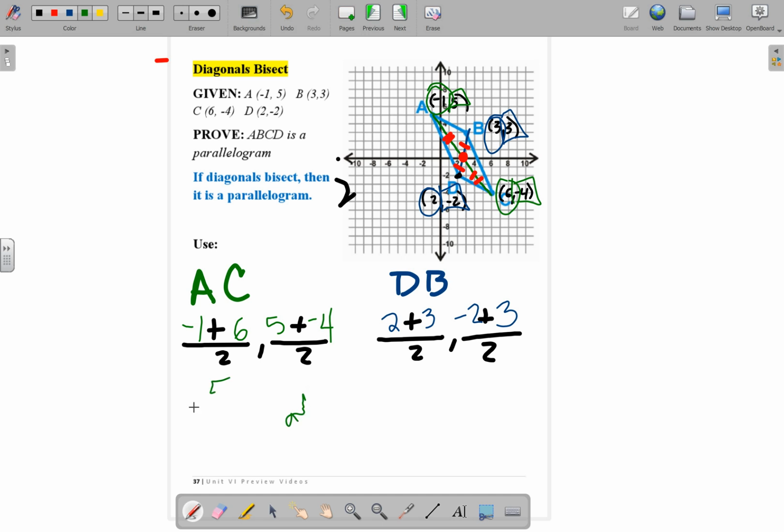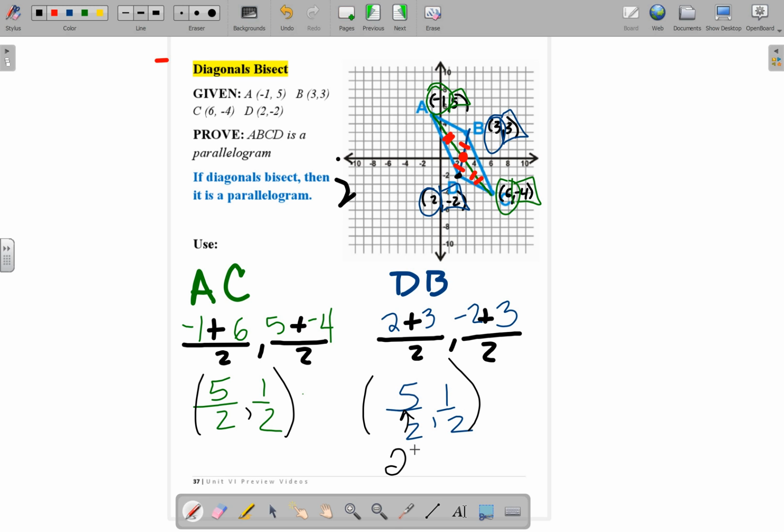This one's going to be 5 over 2. And this, of course, is positive 1 over 2. On the right-hand side, that's 5 over 2, positive 1 over 2. You have proven that that is the midpoint mathematically going both ways. It's really easy if you graph this. 2 goes into 5, 2.5 times.